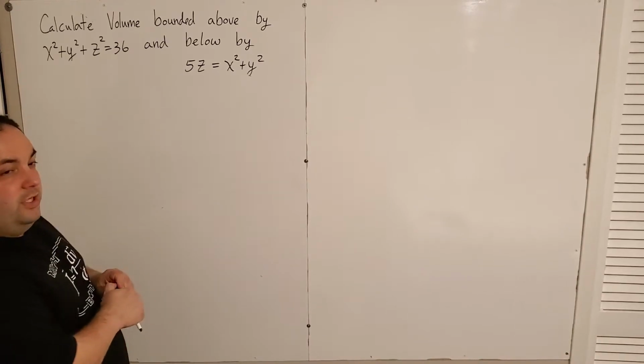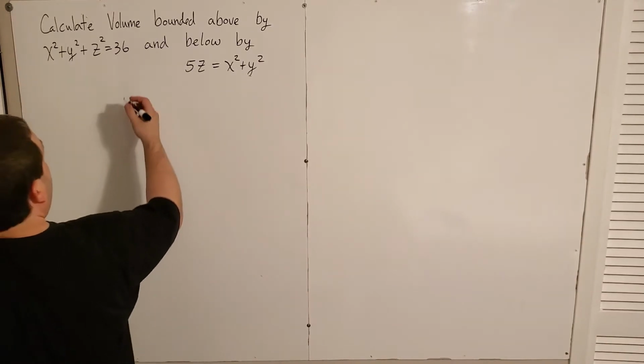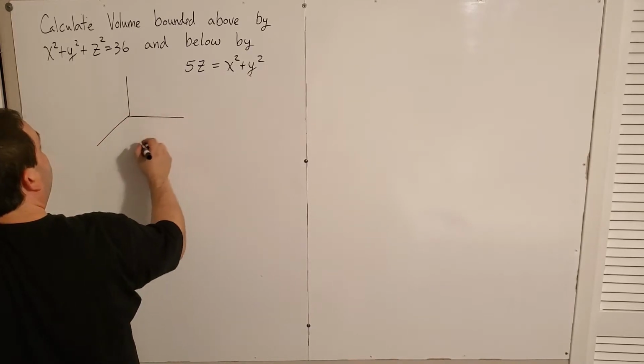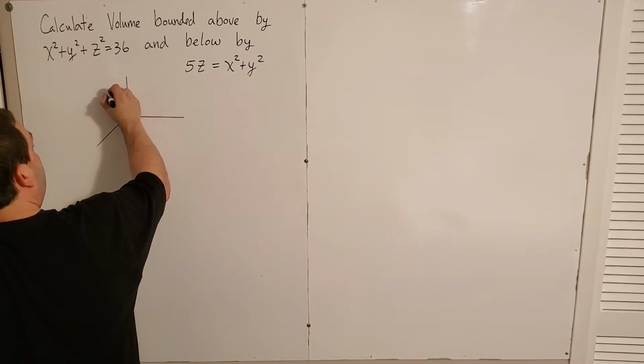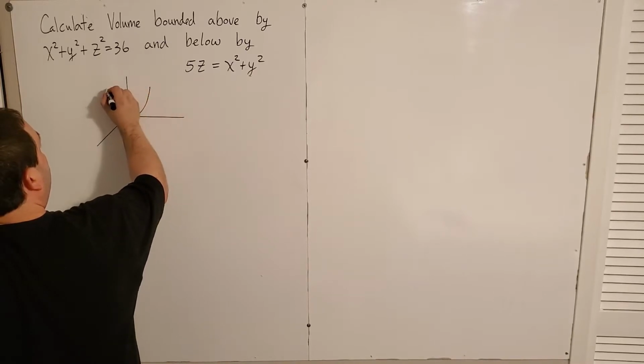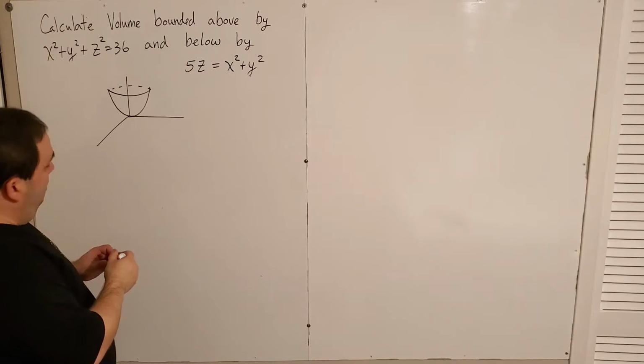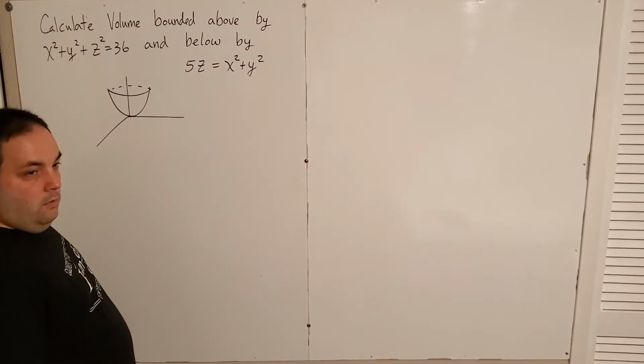So keep that in mind. But I want you to take a look at the object again real quick with me, just so we can have a little visual here. So I've got the paraboloid, and we've got the sphere on top.